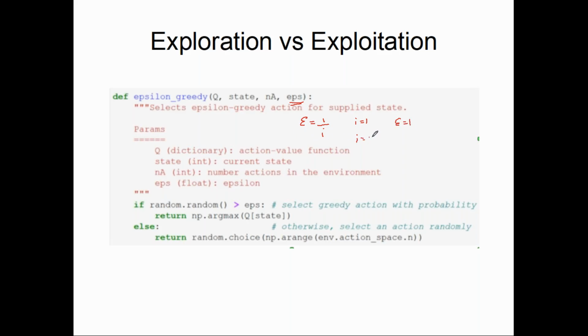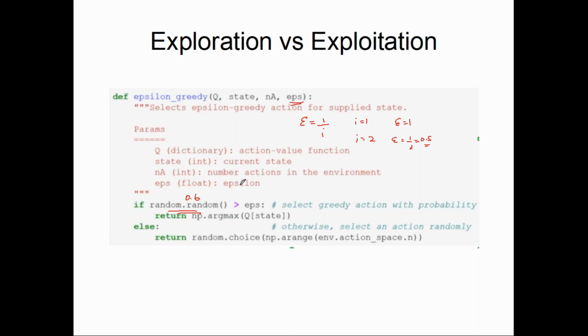I is equal to 2, epsilon is equal to 1 by 2 or 0.5. Right now, how do we define how to do this exploration or exploitation? They define some random variable, say 0.6, I'll take it.